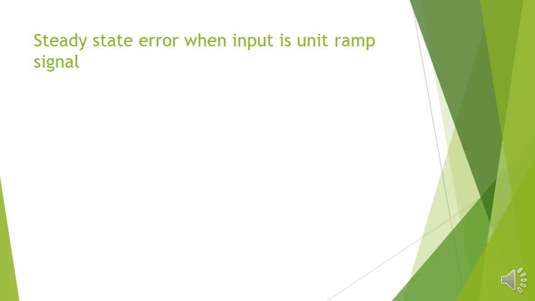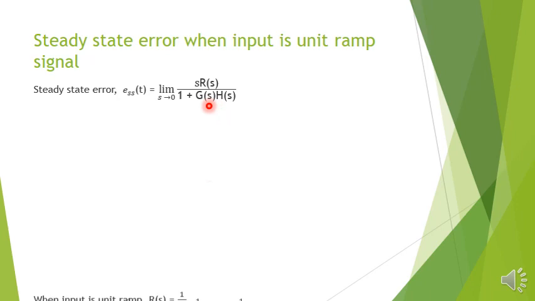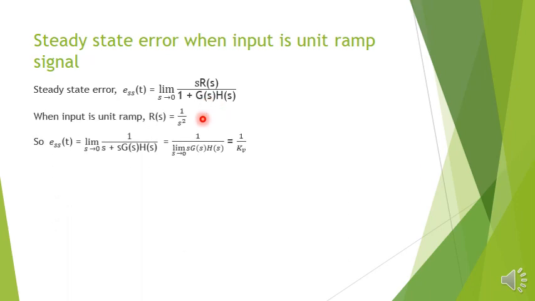Steady state error when input is unit ramp signal. Once again, the expression for steady state error is ESS, which is equal to limit as s tends to 0, s R of s divided by 1 plus G of s, H of s. Now when input is unit ramp, R of s is equal to 1 by s square.